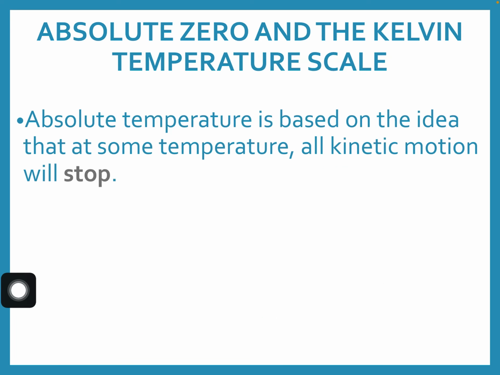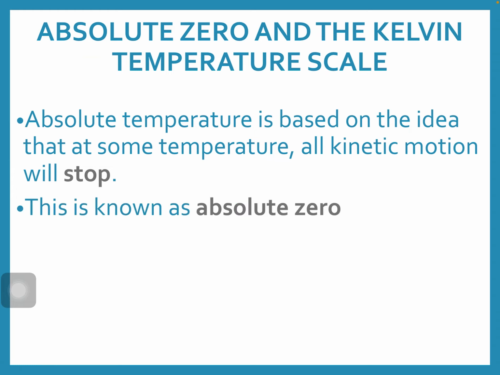The theory is that at that point there's going to be no movement of the particles, not even a back and forth vibration. That is known as absolute zero. It happens at negative 273 degrees Celsius, and that is equal to 0 Kelvin. So that is the Kelvin temperature scale.